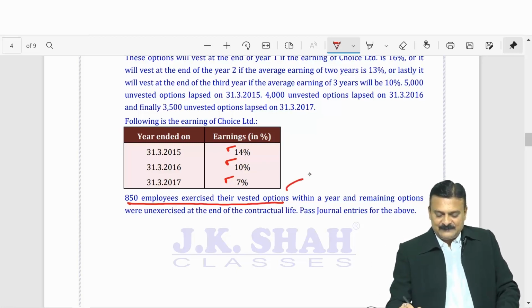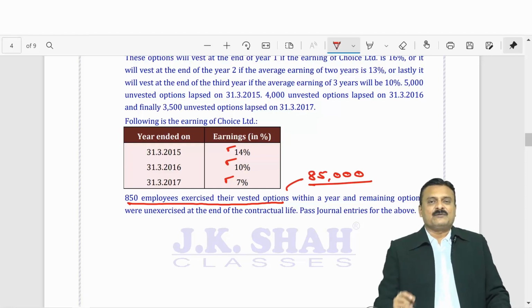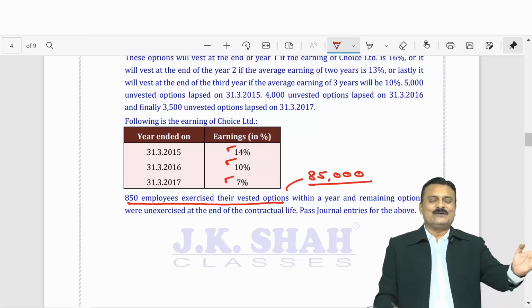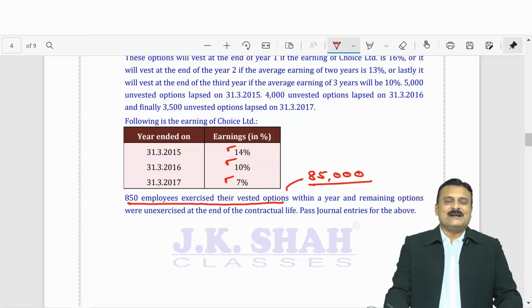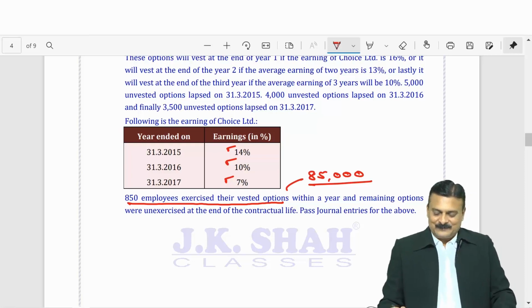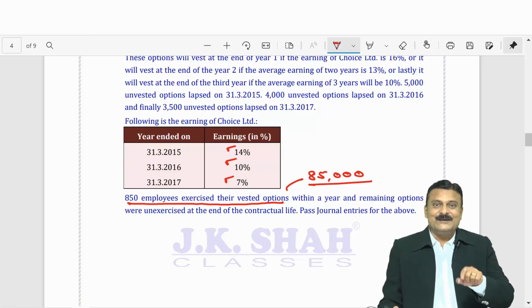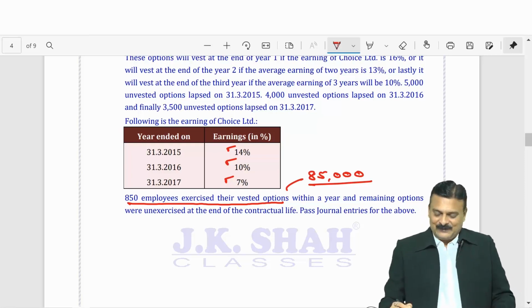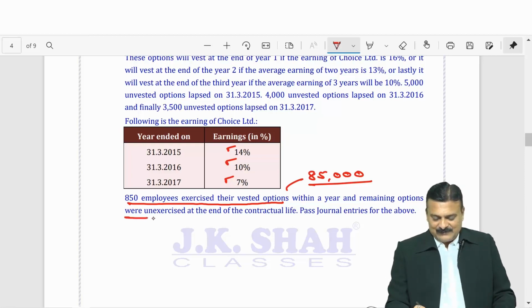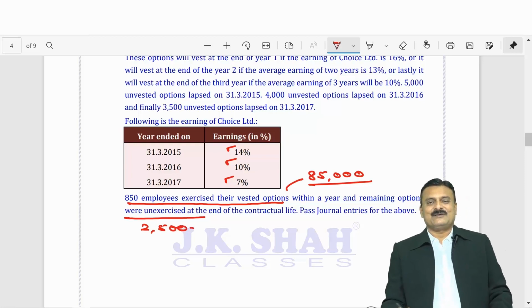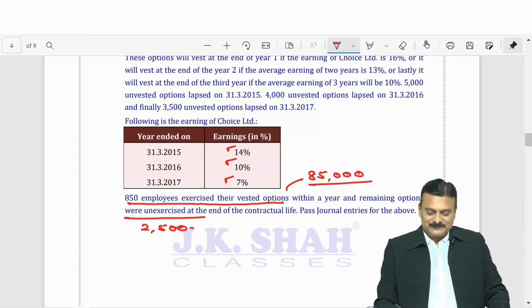What does this mean? 85,000 vested options exercised. Last year's figure was 87,500. 85,000 they paid you money and you allotted them shares. What does it mean? The remaining 2,500 will be vested options lapsed. Remaining options were unexercised. So that will be 2,500 options, vested options lapsed.